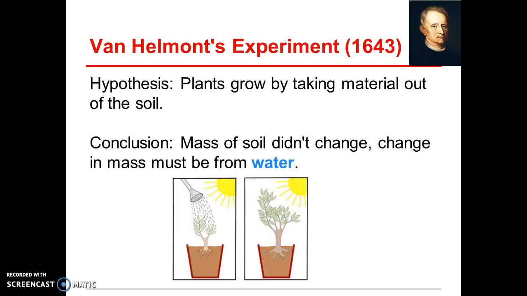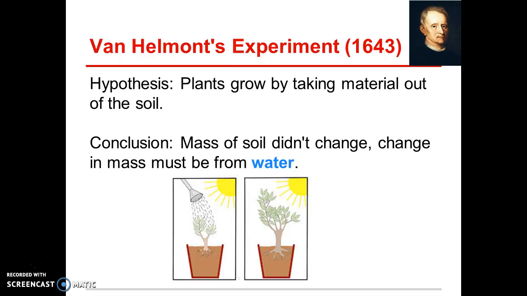So, here we go. Van Helmont had set up an experiment around 1643-ish. He was testing the hypothesis that plants grow by taking material out of the soil. So he planted plants in the soil, and he would water them, let them grow over time, and he would mass the soil in the beginning and in the end, and he found that the soil did not change, if at all.